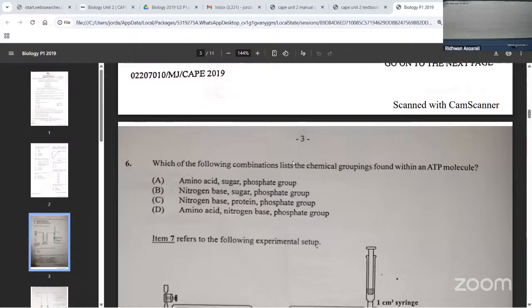Which of the following combinations lists the chemical groupings found in the ATP molecule? So in other words, what is an ATP molecule made up of? Right, so is it A, B, C, or D?